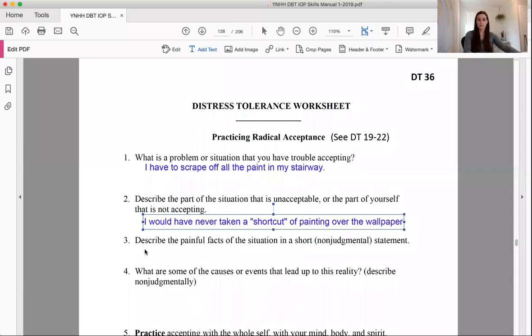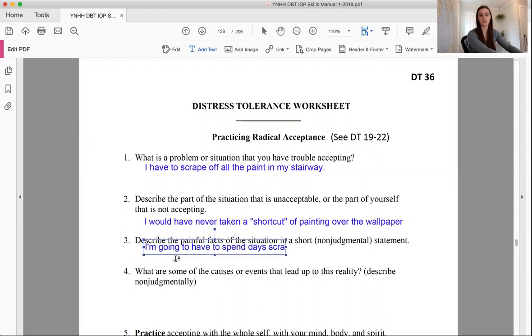So in a non-judgmental way, that's how I would describe it, that it's going to take me days to scrape off all this paint. Now I'm going to write this down, and then I'm going to tell you a word to the wise. Okay, so I'm going to have to spend days scraping off this paint.